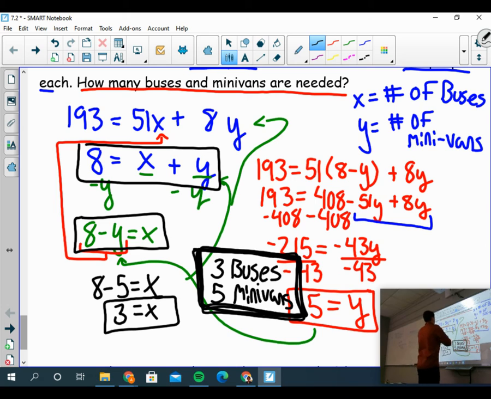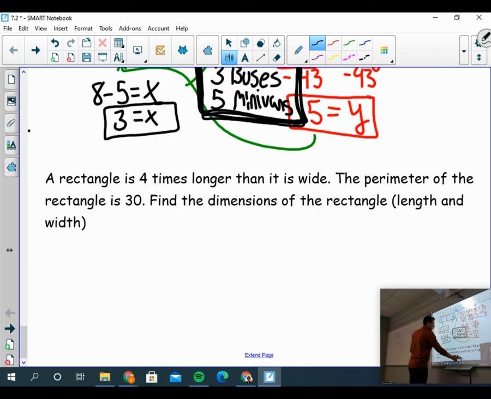We know that 3 plus 5 is going to give us 8, but triple check, make sure 51, I'll do it in a calculator right now, 51 times 3 and 8 times 5, make sure they both turn out to be, or that turns out to be 193. It does, produces a true math statement, and that's our problem. Again, if you figured this out a different way, if you logic through it differently, that's okay. But this is how we solve it with a system of equations.